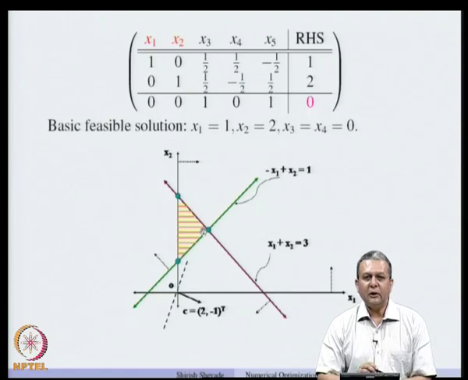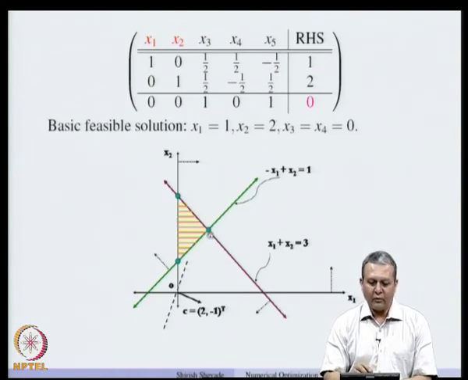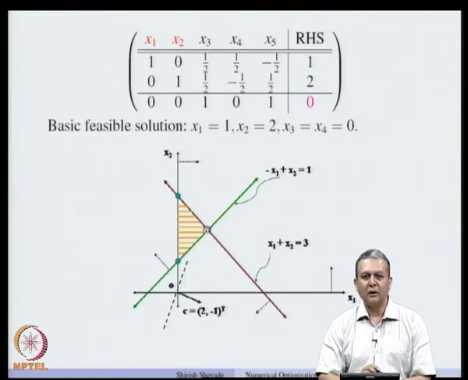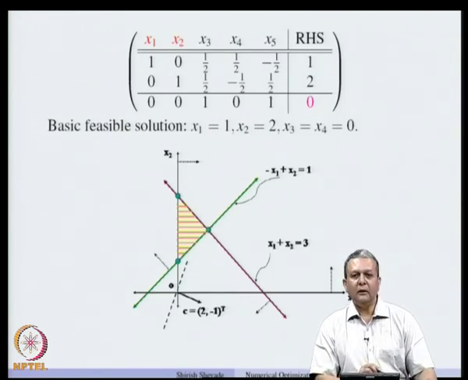So, from the original set of constraints, it was very difficult to find out what will be the initial basic feasible solution for the given problem, but by using phase 1 of the simplex method and finding out that the optimal objective function value of phase 1 of the artificial linear program was 0, that gave us the initial basic feasible solution for the original problem, and so therefore, we start with this point and then use phase 2 of simplex method to solve the original linear program.